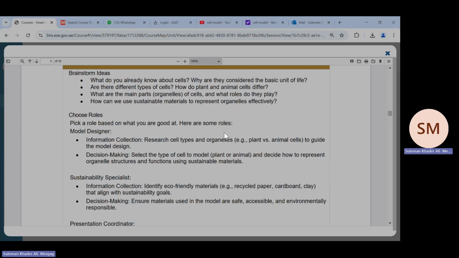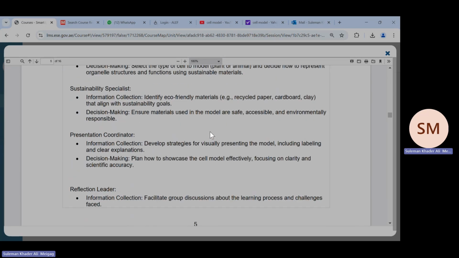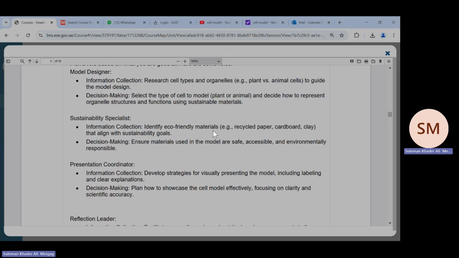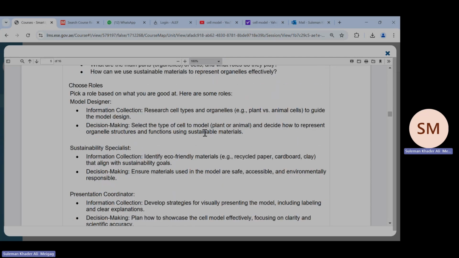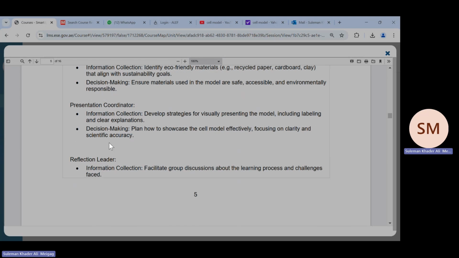Okay, so as you go down, you find more information about what each of the parts that you can do. You can be the model designer to collect the materials, do the research, put it together. You can be the sustainability specialist, information collection, identify, and so on. You can be the presenter or the presentation coordinator, develop how you will present.